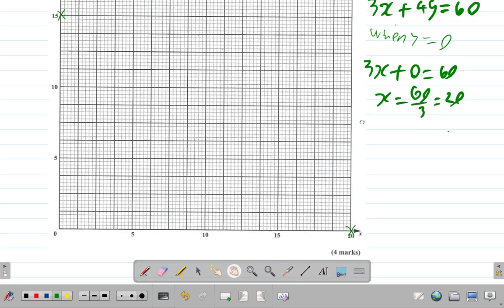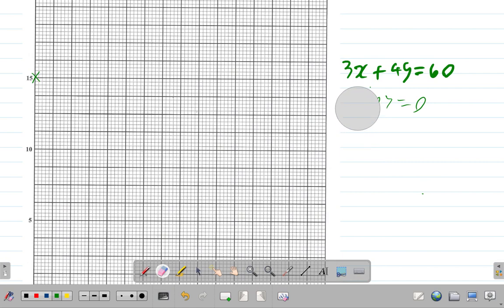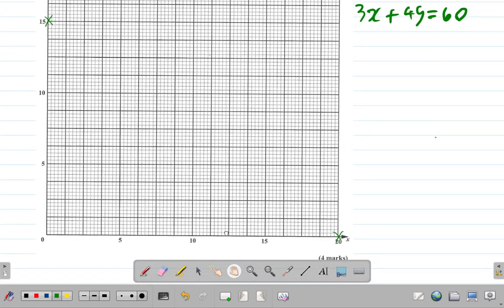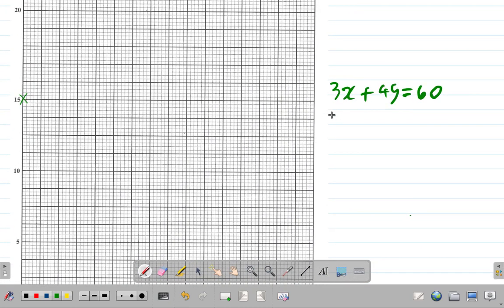After that now, we can try a third point. What happens when x is 10? When x equals 10, what happens to y? We say 3 times 10 plus 4y equals 60.